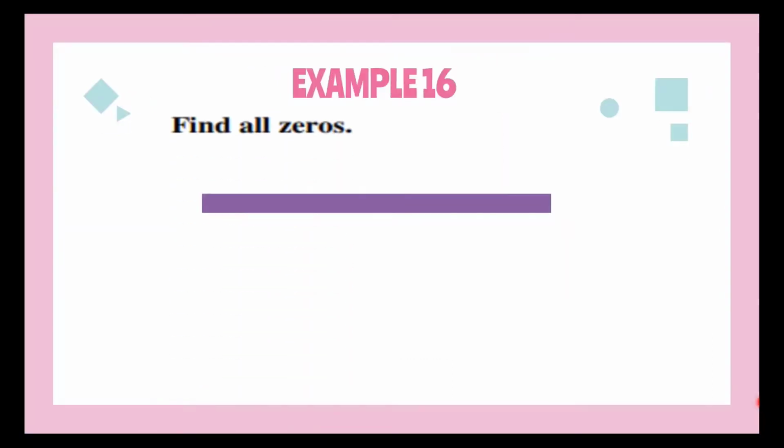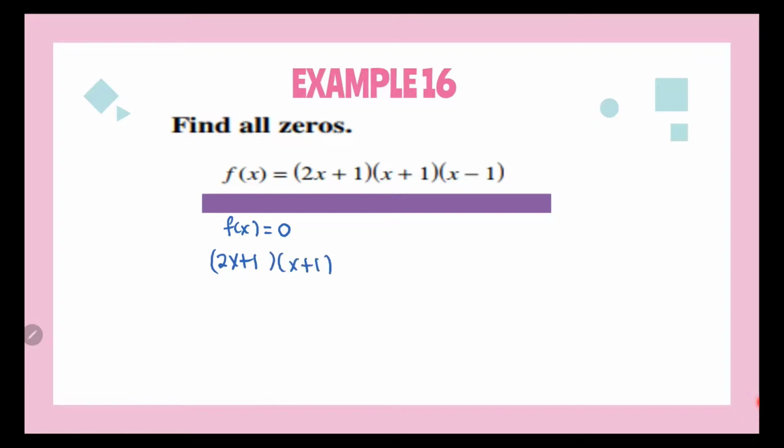Let's look at example 16. Find all zeros of f(x) equals 2x plus 1 multiplied by x plus 1 multiplied by x minus 1. The zeros are when f(x) is 0, which means 2x plus 1, x plus 1, x minus 1 is 0, which will give us x equals negative 1 over 2, x equals negative 1 and x equals 1.